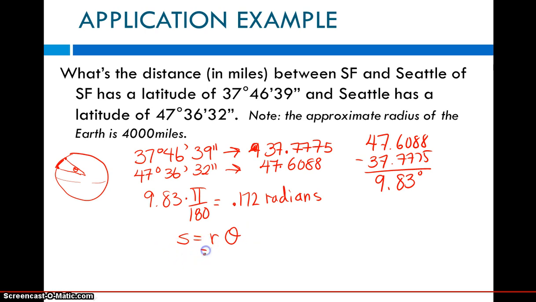So we have our radius is 4,000, and the central angle is 0.172 radians. If we multiply them together, we get that our arc length is about 688, and then we need to have a label, so miles. So the distance between San Francisco and Seattle is about 688 miles.